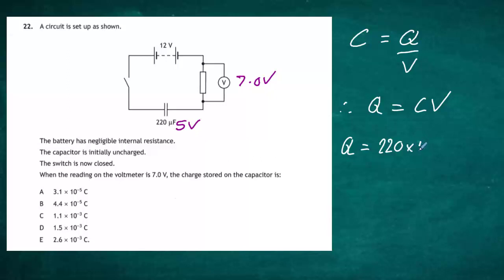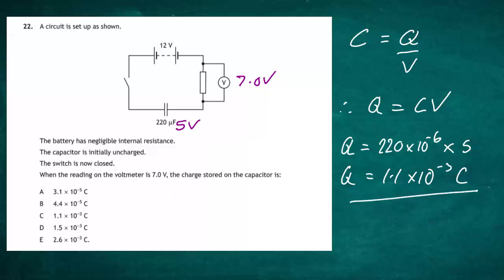That's 220 times 10 to the minus 6, multiplied by the potential difference across it, and that's 5 volts from our diagram. So that gives a value of Q of 1.1 times 10 to the minus 3 coulombs of charge. So our answer to that one looks like C.